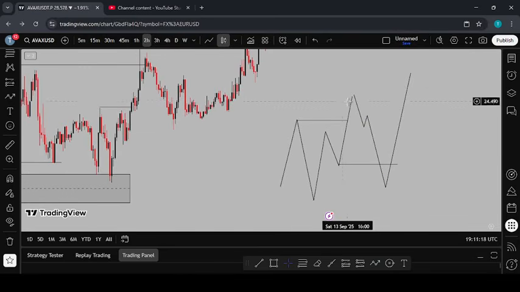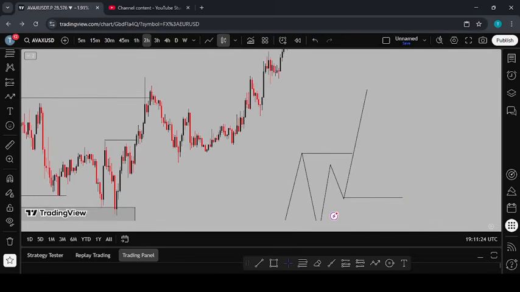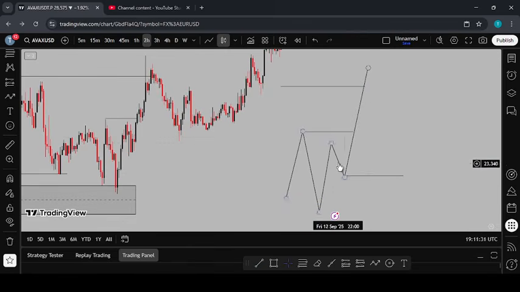But if the market goes way higher and takes out another structure, there's now another break of structure apart from this one. So it means this structural low took out this structure and went to take another structure.